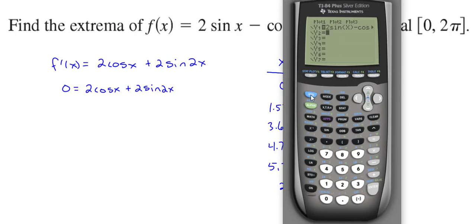All right, go to my table. I'm like, oh crap, I want to be able to plug in my own values. Remember, go to table set, change that to ask. Go back to your table, plug in your values. 0. If you save that first one as A, then just go to alpha A and hit enter, and it'll plug in that value for you.